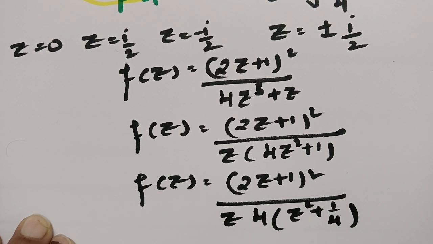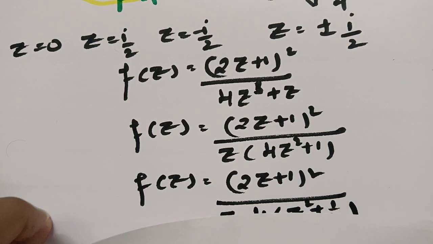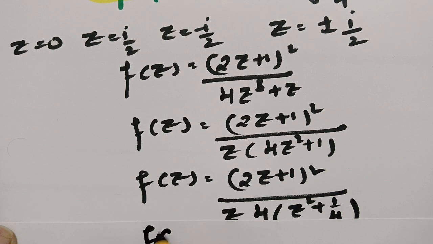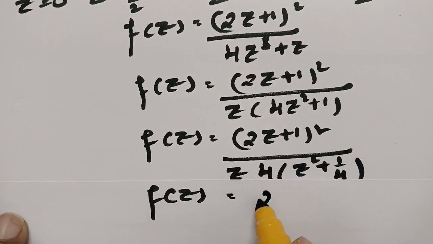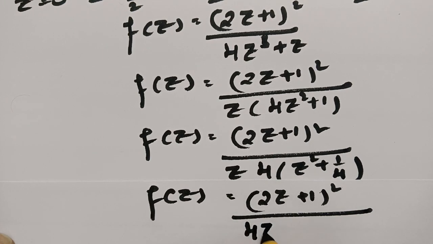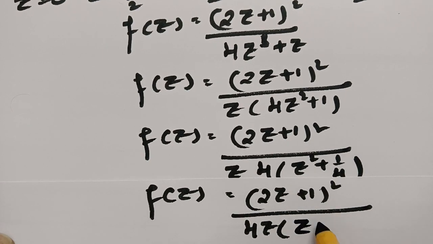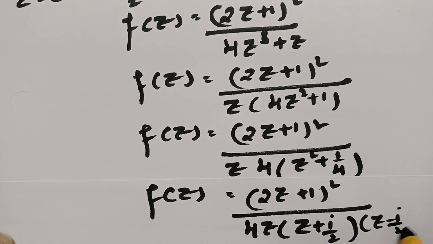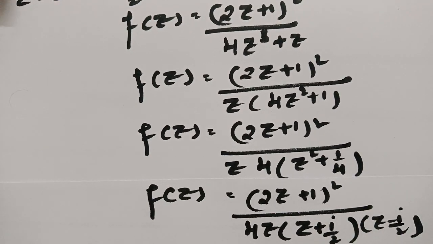So f(z) is equal to (2z+1)² by 4z times (z+i/2)(z-i/2). Clear?